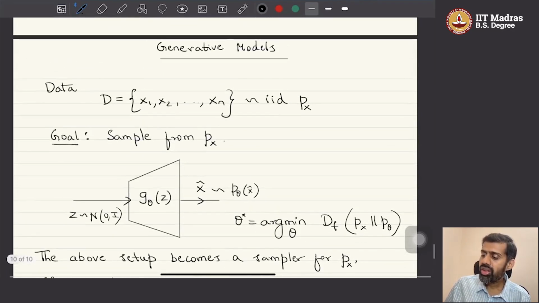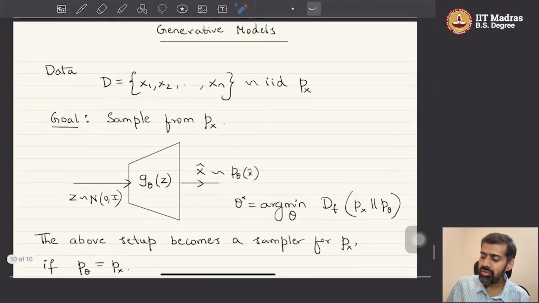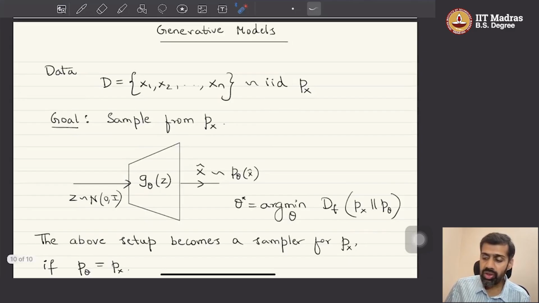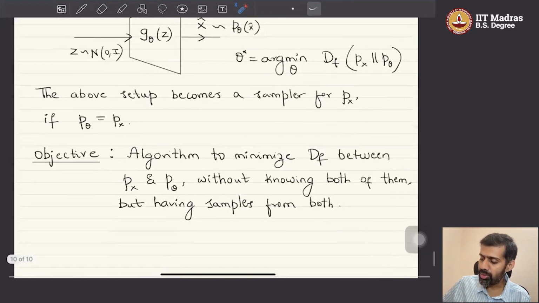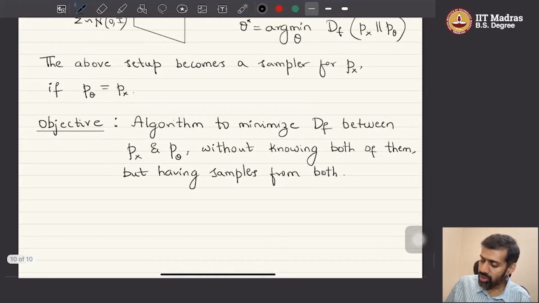How do we have samples from Px? Because that's our data. We have samples from p theta because given any theta, we could sample as many points as we need from z and pass them to the g network and get samples from p theta. So maybe I'll just write that.